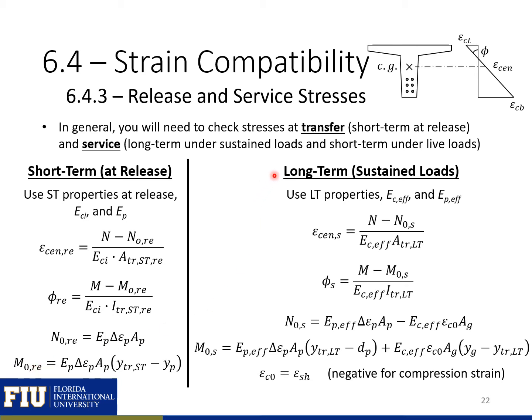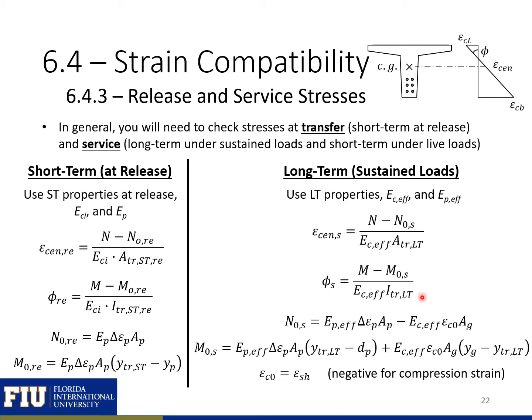We can also calculate our sustained loads, our long-term load effect. And for these, we can use the same equations, except we're going to use our long-term properties and our EC effective and EP effective. So here, we need to use these in our epsilon centroid and our curvature equations, and also when calculating our long-term transformed area and long-term transformed moment of inertia.